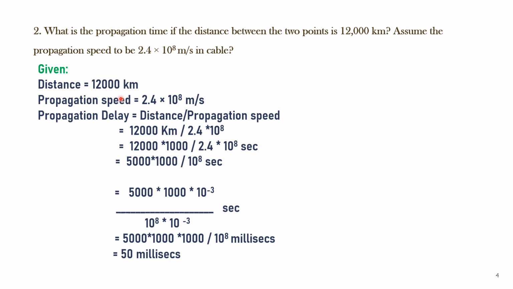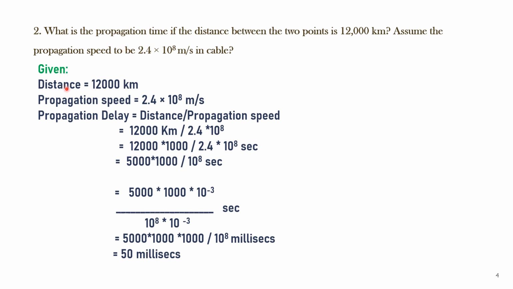The next problem we are going to see is: what is the propagation time if the distance between the 2 points is 12,000 km? Assume the propagation speed to be 2.4 into 10 to the power of 8 meters per second in cable. So the second problem is about how to find the propagation time.